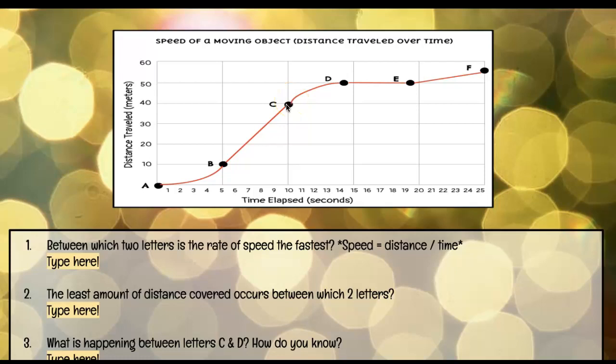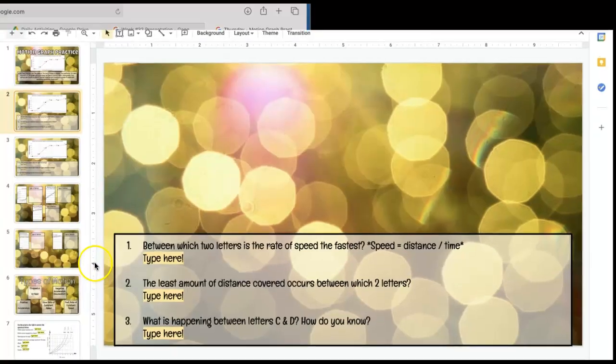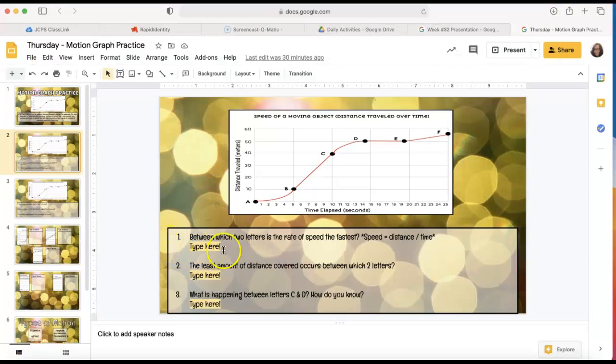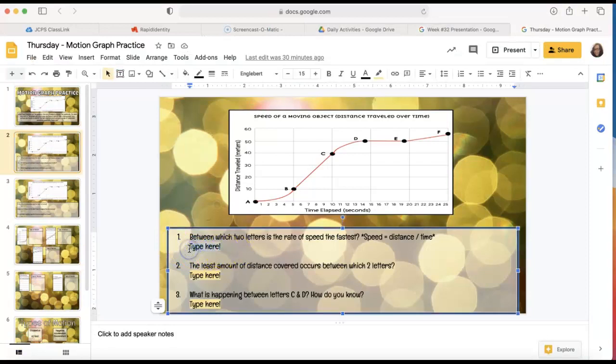So 30 divided by 5 is 6 meters per second. That definitely went a lot faster. You can tell this line is much steeper than the other lines. So for number 1, the line segment it's looking for is B to C. So I'm going to write B to C.